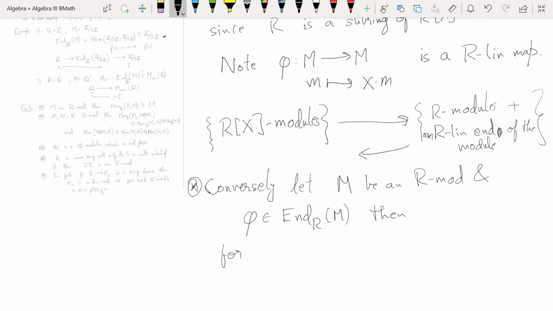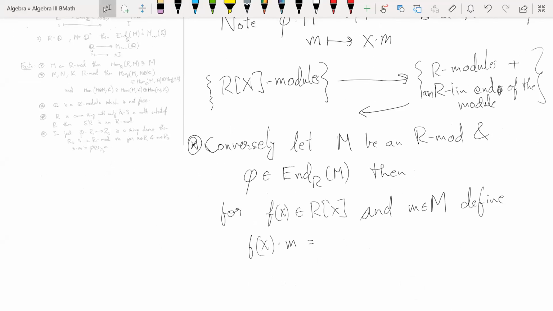For a polynomial, let's say f(x), for f(x) in R[x] and m in M, define f(x) dot m to be, yeah, so I'll need explicitly what it is.